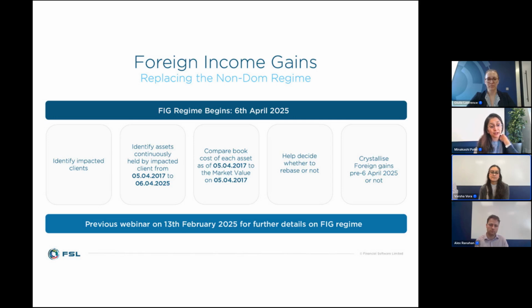It will help you identify your clients that are impacted. It will identify assets that are continuously held by impacted clients between the dates, and help you compare the costs between those dates as well. It will help you to decide whether to rebase or not, and whether to crystallize foreign gains pre-April 25 or not.